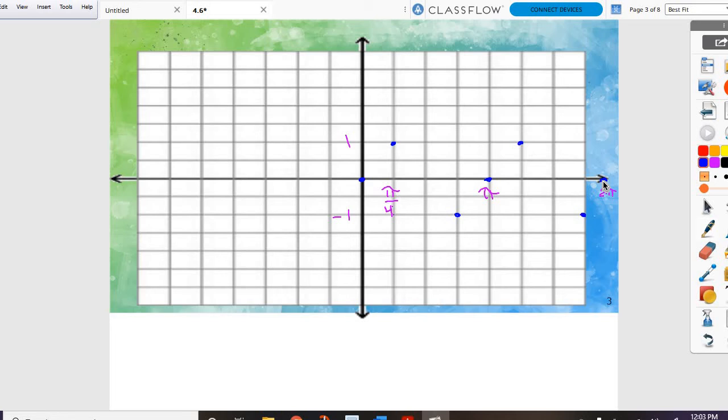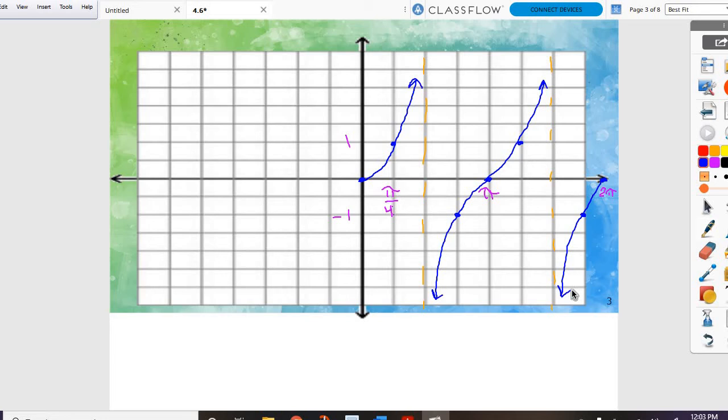So this is an asymptote. For our tangent, we're also going to have asymptotes, and we have them anywhere that it's undefined. So we have one at pi over 2 and at 3 pi over 2. And remember that our asymptotes are kind of like black holes. They suck parts of my graph towards those imaginary lines. So our graph looks something like that.